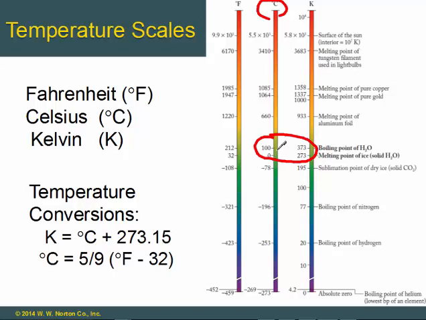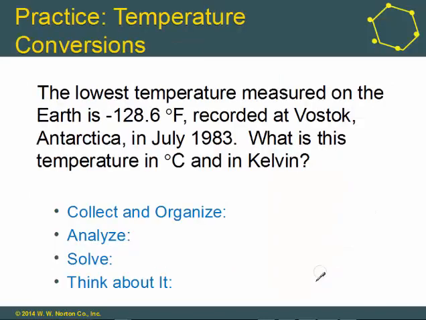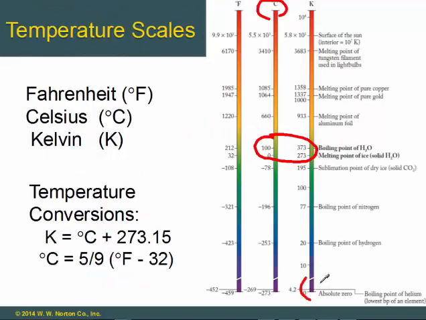Once they stop vibrating, you can't get less than no motion. And that's really why there is a 0 degrees Kelvin. That's the coldest you can get. Once you get down to 0, that's it. There's no less than no motion. So temperature is really a measure of the average kinetic energy of the particles, how fast they're moving and vibrating. The faster they vibrate, the warmer the temperature is.